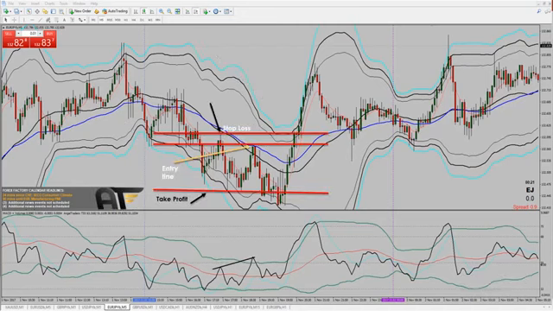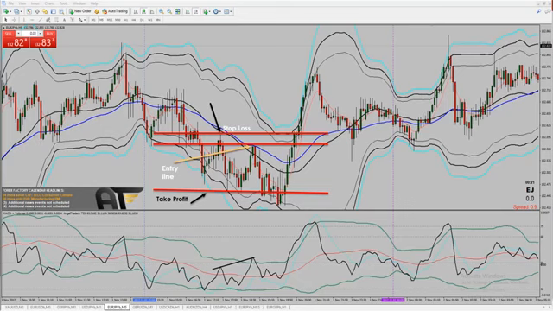Now this is what this trade is going to look like. So obviously our entry is this red line right here. Our stop loss is going to be the previous high right here. In this case, I'm going to use the wick. Now our take profit is going to be the previous low.